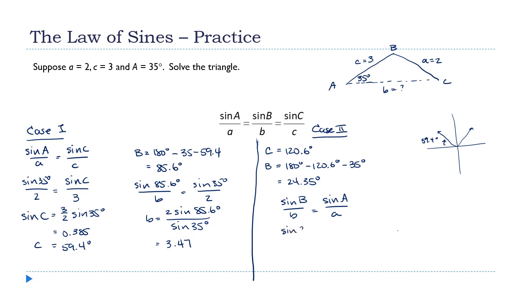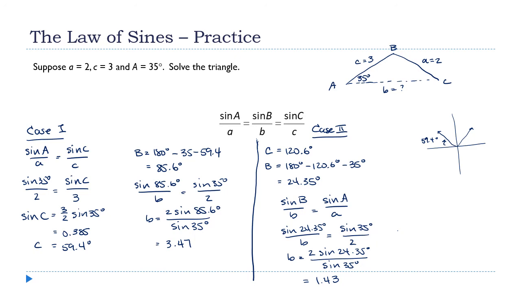So the sine of 24.35 divided by B is equal to the sine of 35 divided by 2. And if we solve this for B, B is 2 sine 24.35 divided by the sine of 35, which again, you go to your calculator, this is 1.43.